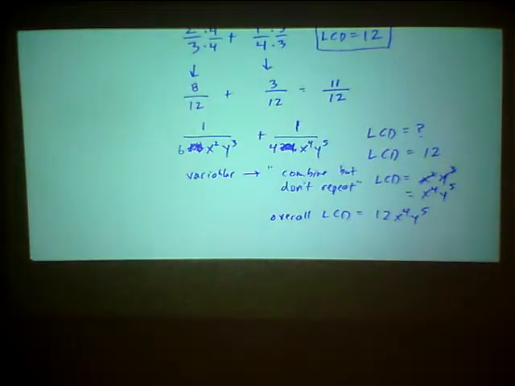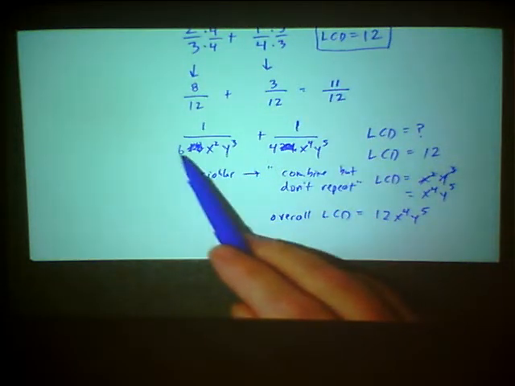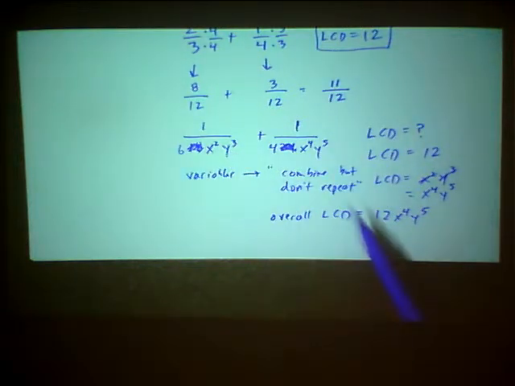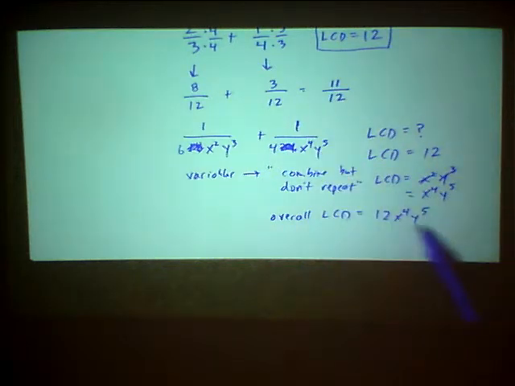So what's really going on is now when you look at your LCD, you can look at your first denominator. 6x squared y to the third will go into 12x to the fourth y to the fifth, and 4x to the fourth y to the fifth will go into 12x to the fourth y to the fifth. So it's almost like you're combining these, but you're not repeating.